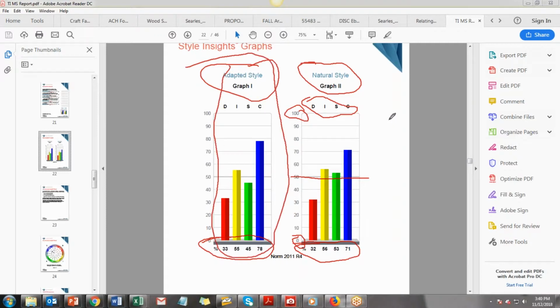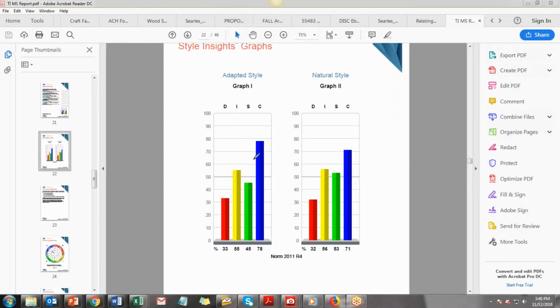So step 5 of this grading exercise is to see, is there any one color that is 35 points different between graph 2 and graph 1? So that's the 5th step, and this is what we call disparity.